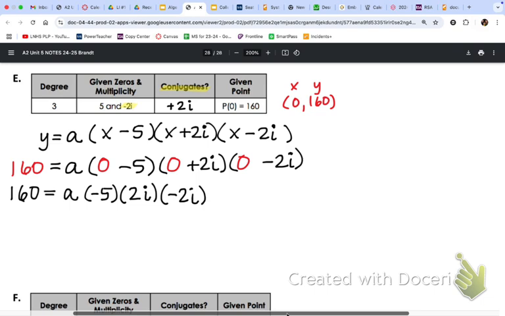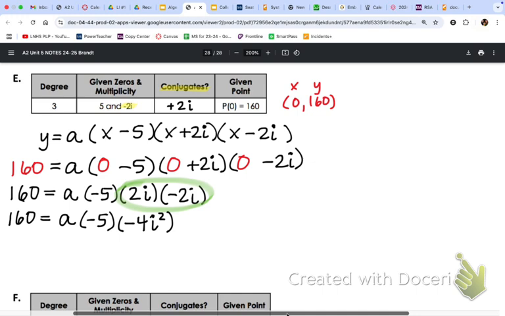You can't leave it like that, because remember what happens when you have i times i, it actually is going to simplify out nicely, so you need to multiply these together. 2i times negative 2i, negative 4 i squared.